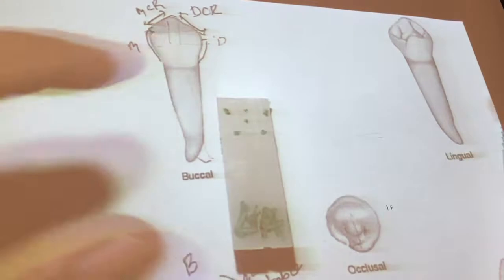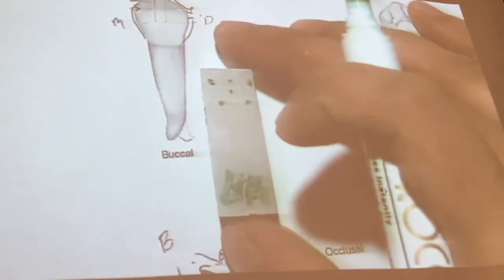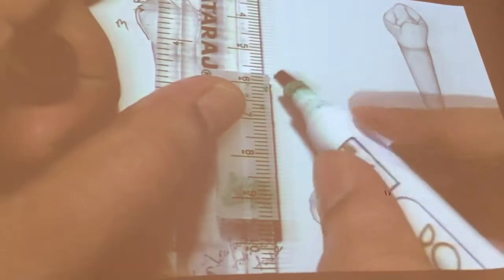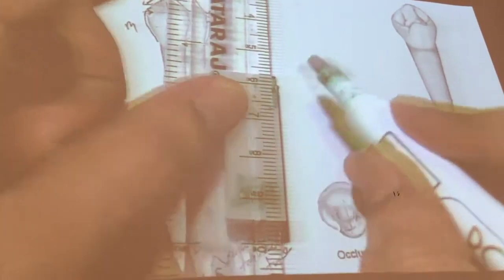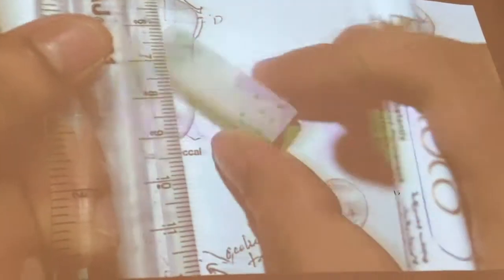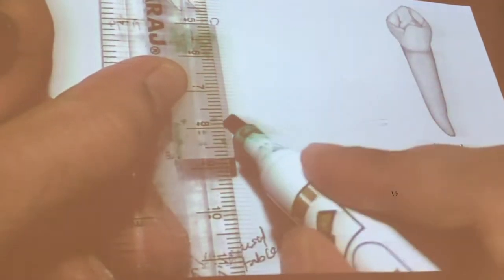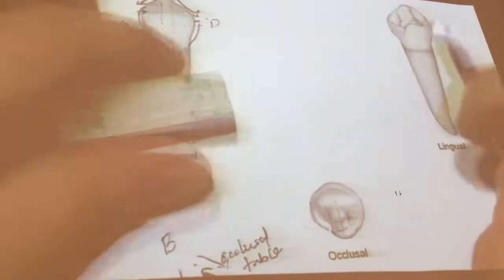Height of contour or crest of contour. So what I do is I just draw a line to remove this excess. There is slight deviation here, so I'll adjust it.